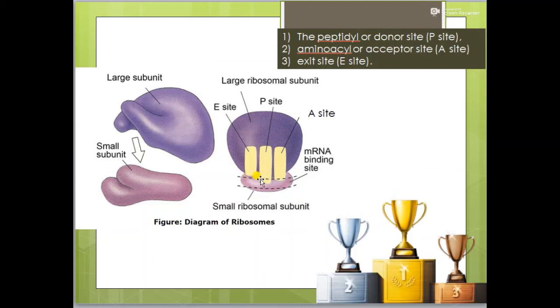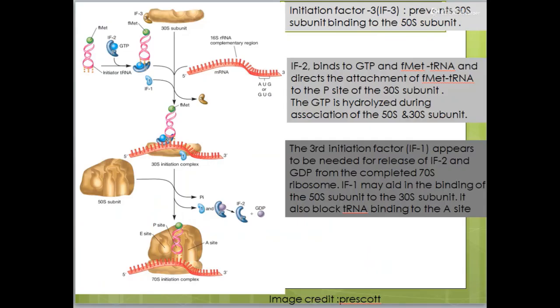The start codon starts from here, and it's in this direction that the amino acids are read. So the second amino acid will be kept in the A site. So do not get confused. The first amino acid which comes will come into the P site, and the second amino acid will come in the A site.